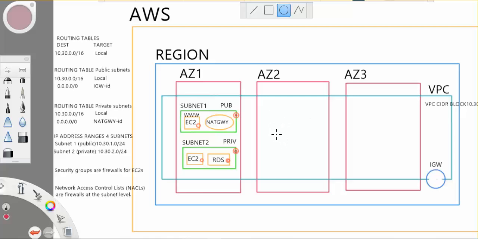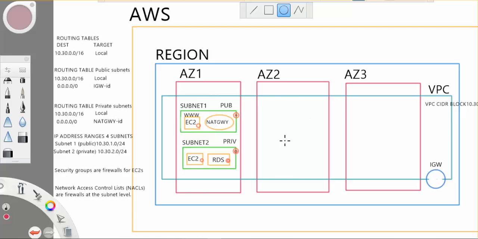It would be a failover, which means if this one fails, all the traffic is going to be sent to this other availability zone.